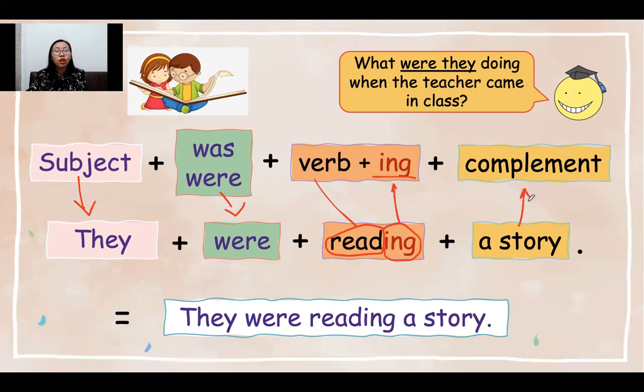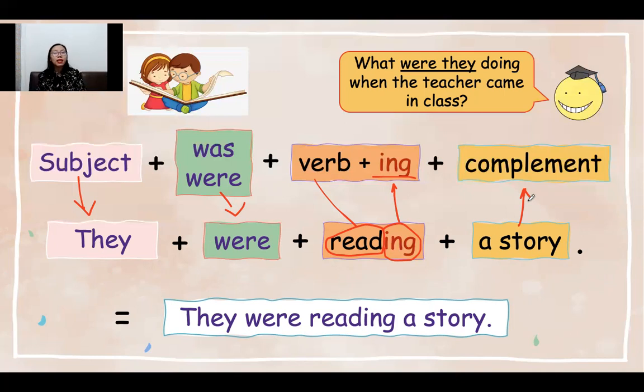The complement of the verb. So for example, eat: eat water, eat fried chicken. The verb is eat, the complement is fried chicken. Sleep is the verb, the complement is sleep in bed.